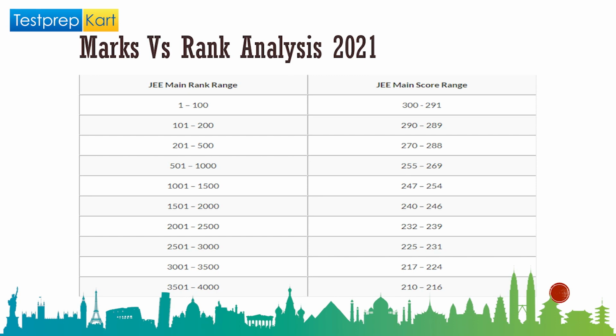Let's take another range. If your score falls in this category, 225 to 231, then your rank will typically range from 2500 to 3000. If your score falls in the range 210 to 216, then your corresponding rank will be 3501 to 4000.